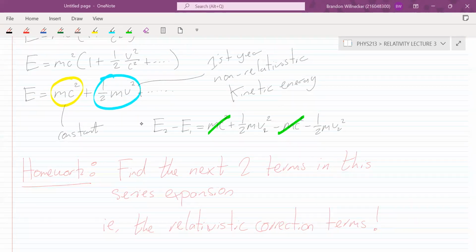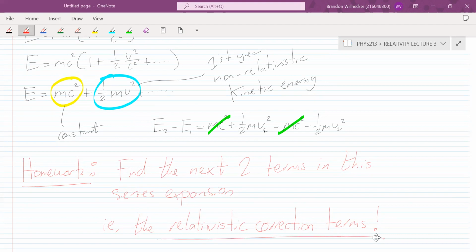Okay, so what are those terms? So if you're trying to approximate relativistic speeds or relativistic phenomena, you need to add these correction terms, or just use the full energy momentum equation. Okay, but depending on the situation, sometimes it's better to just add some correction terms.